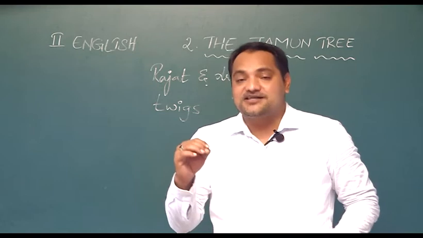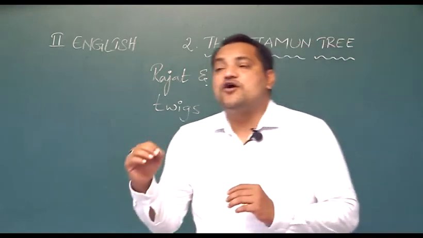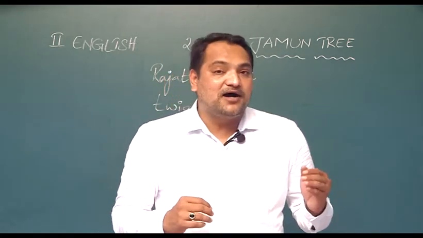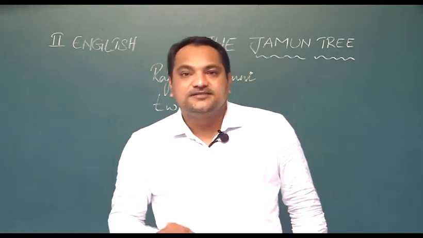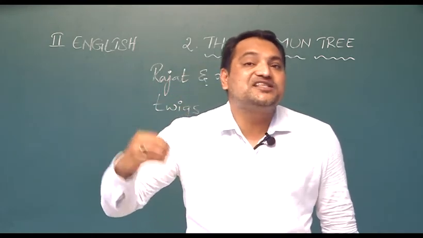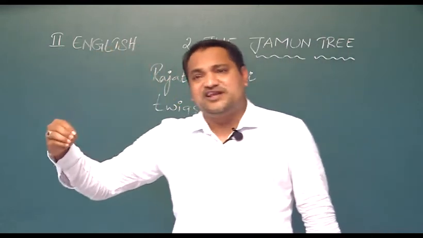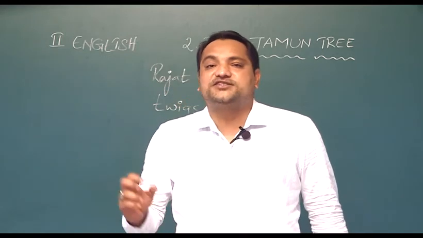Chacha is uncle. Usually in villages we call people with relations. We call them Mama or Chacha. Mama is uncle, Chacha is uncle. Chacha is considered to be the brother of father. So, usually elderly people in a village, if there is an elderly man, everybody calls them Chacha.